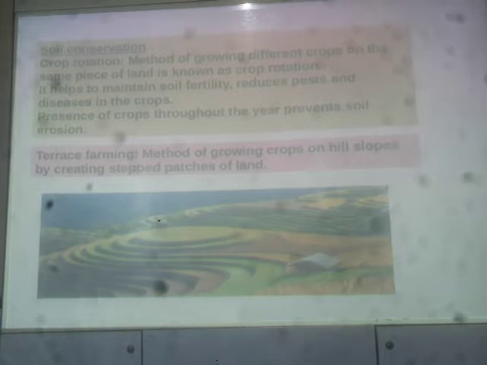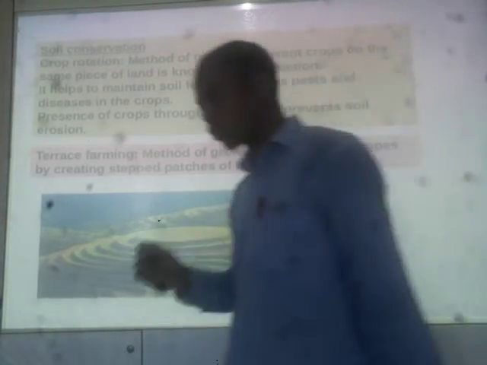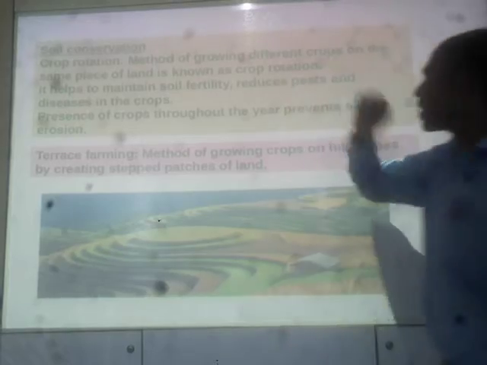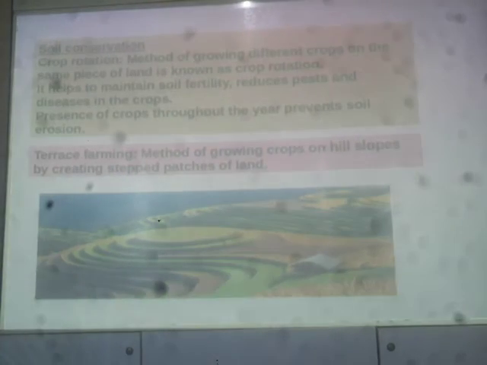It reduces the pests, meaning small insects. It reduces the pests and diseases in the crops. So diseases in the crops can also be prevented by this technique of crop rotation.